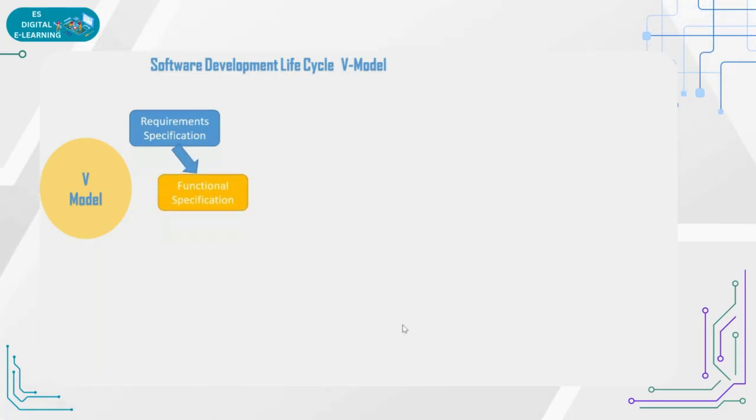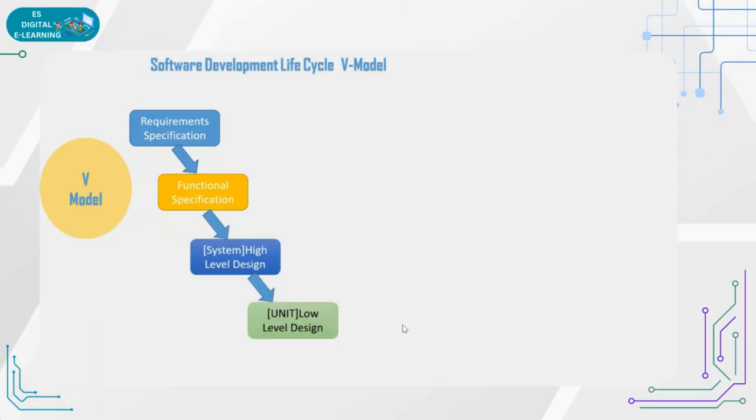Next is the functional specification, then high-level design, then low-level design, and next is coding.